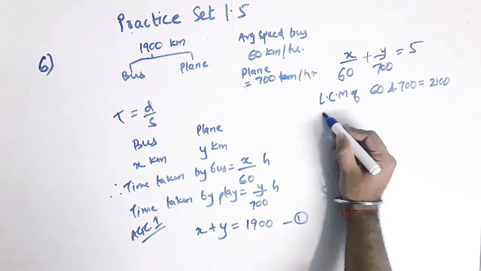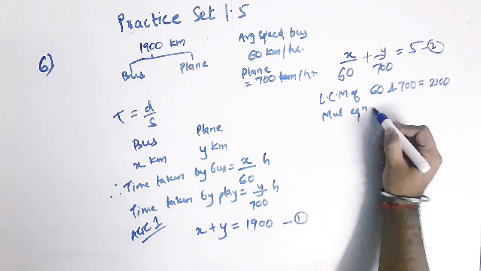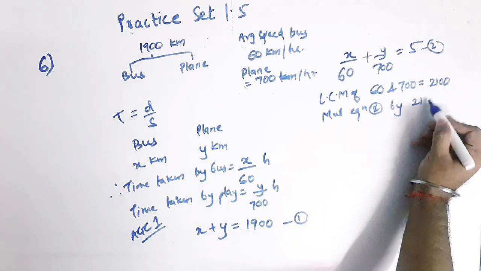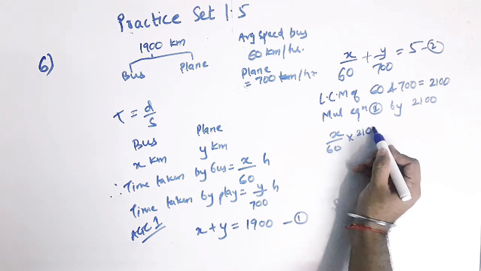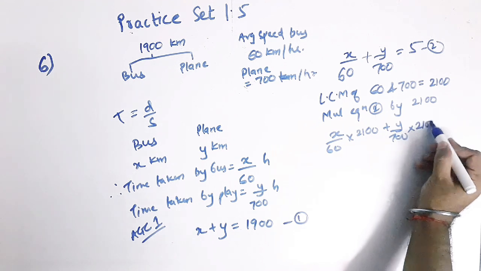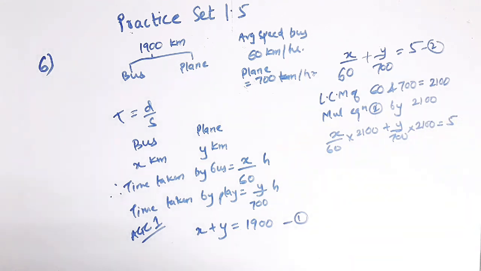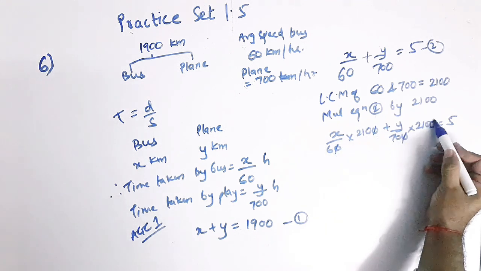So you will multiply equation number 2 by 2100. So x upon 60 into 2100 plus y upon 700 into 2100 equals 5 into 2100. This will get cancelled, this will also get cancelled.